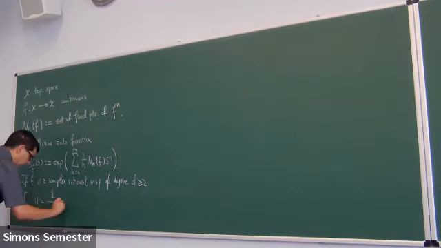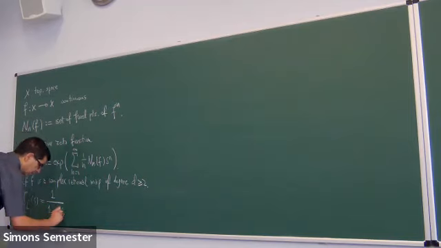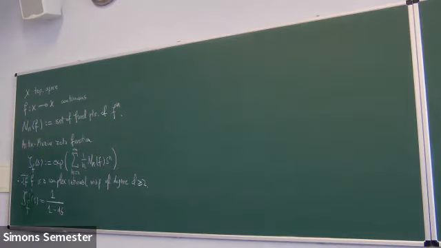It is 1 over 1 minus d times s, and this is provided that there are no parabolic cycles.